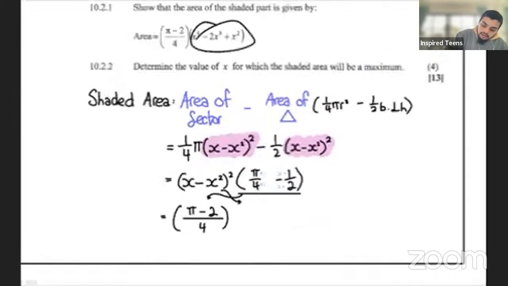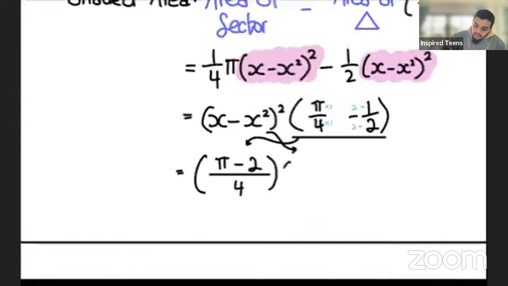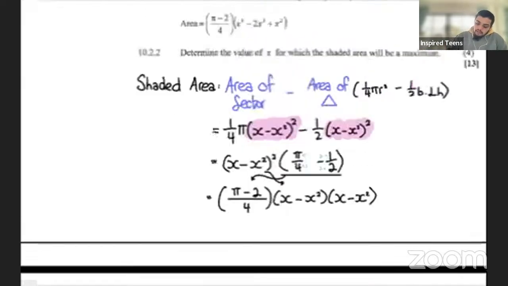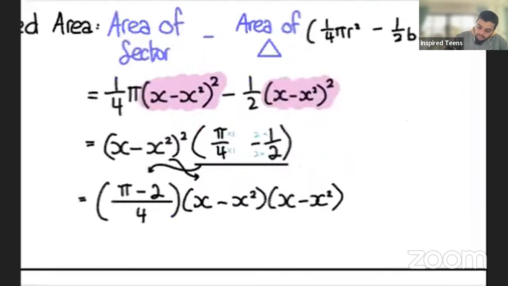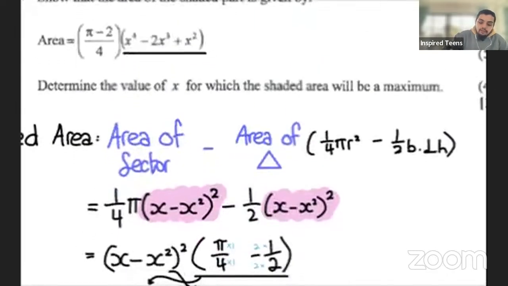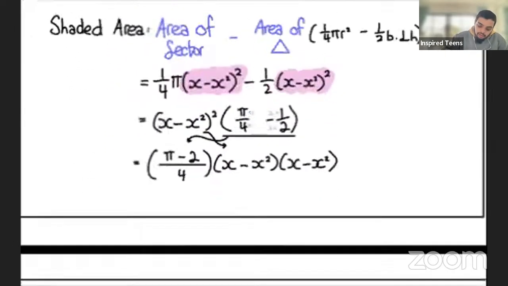And now they got this, which is basically expanding x minus x squared, squared. We're going to do FOIL here, or you can use the shortcut, because this is a binomial squared. I know that when I FOIL this, I do first, outer, inner, last, and I'm going to get exactly that. So you don't even have to FOIL, you can just copy it down if you're certain that your previous steps are all correct.